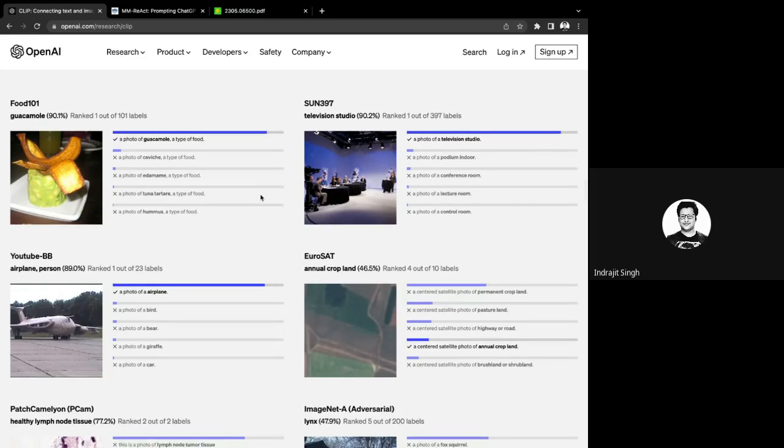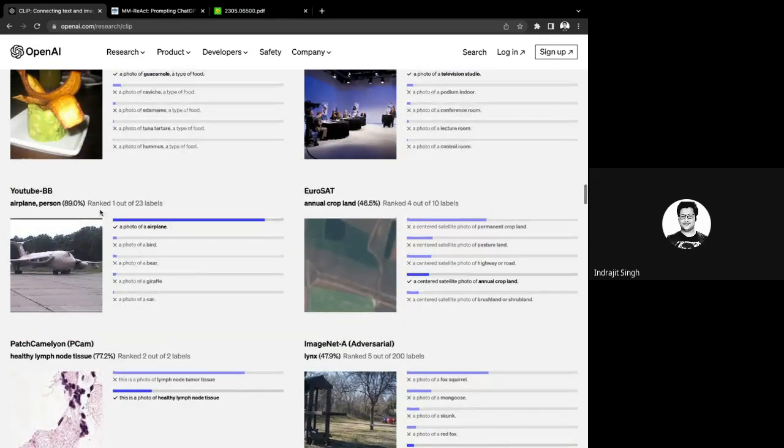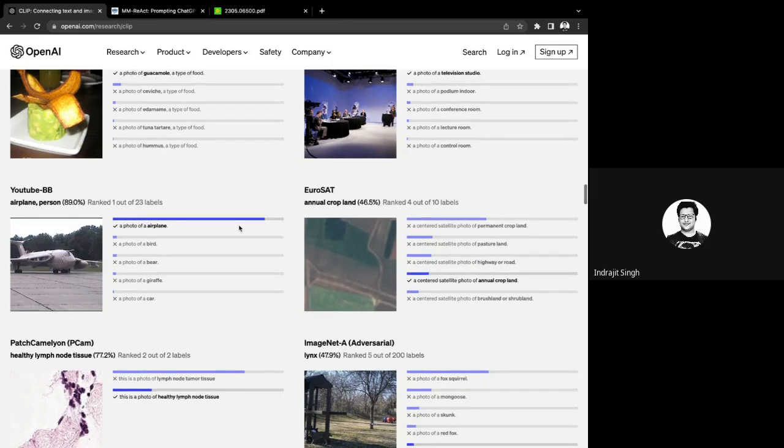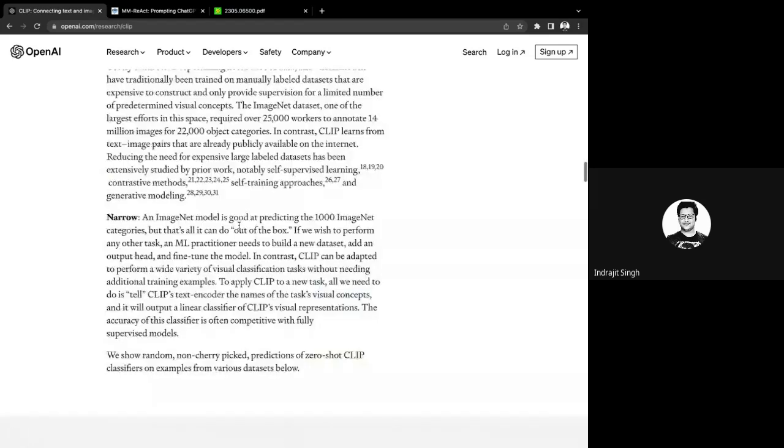And it is talking about different data sets there, like YouTube BB, and ranked 1 out of 23 labels, which is airplane, person, airplane comma person. I don't know, they have written it like that. So that's how this is happening with CLIP.